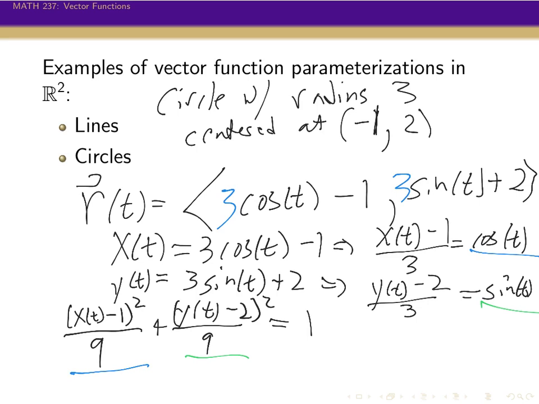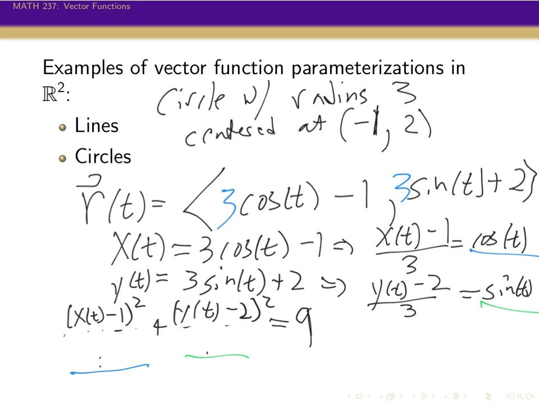And so if I just multiply everything by 9, my 1 here is going to turn into a 9. These disappear. What are we left with? (x minus 1) squared plus (y minus 2) squared equals 9. That is the equation for a circle with radius 3 centered at (minus 1, 2).